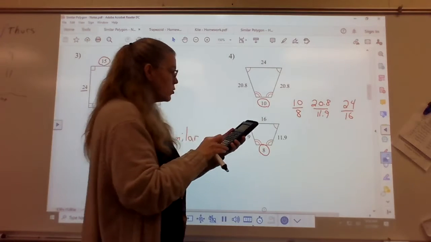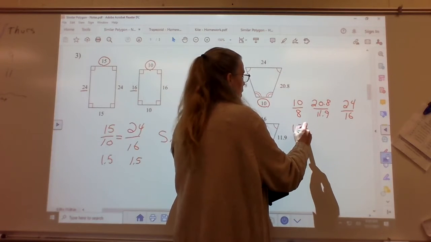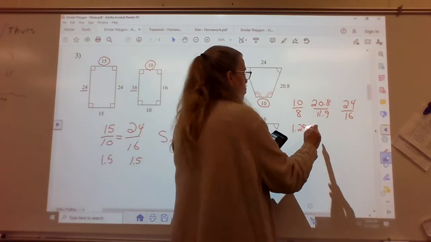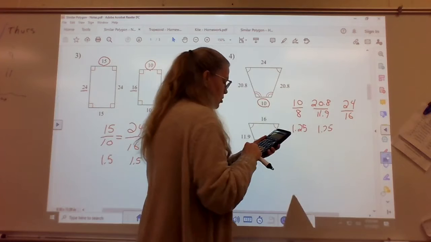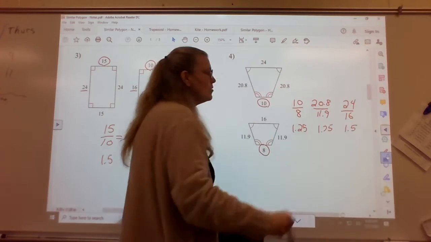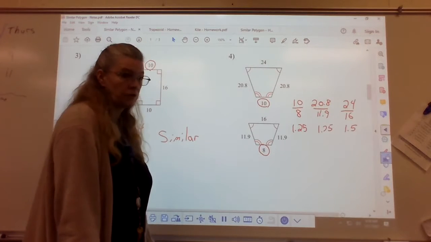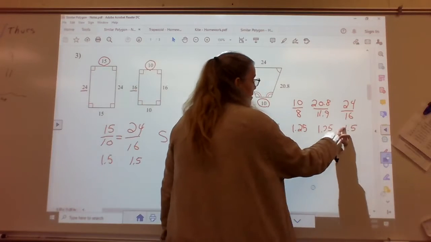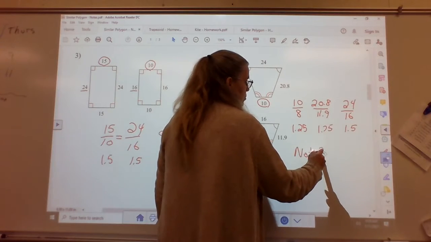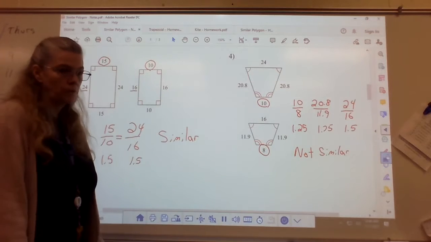I want to see what these are equivalent to. 10 divided by 8, 1.25. 20.8 divided by 11.9, 1.75. 24 divided by 16, 1.5. They're all different. Even if two of the three had been the same, it would still not be similar. Unless all three give you the exact same value, it is not similar. So these two trapezoids are not similar. Their sides are not proportional.